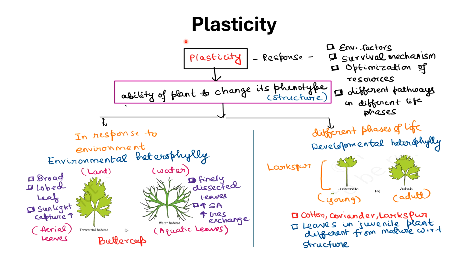There is another interesting phenomenon which takes place in plants, called plasticity. We all know plastic, it means something which can change, right? In the case of plants, the ability of the plants to show different structures or different phenotypes, or change in structure or phenotype in response to environmental conditions or in different phases of their development, is known as plasticity, right?